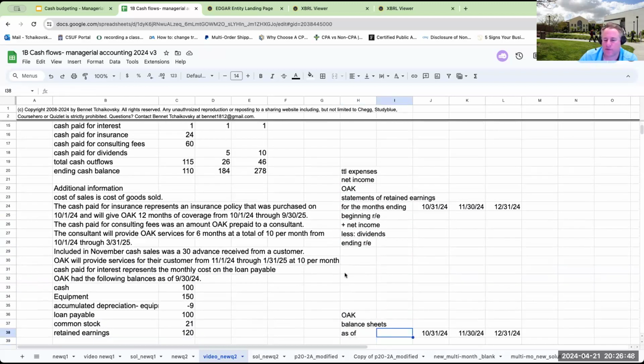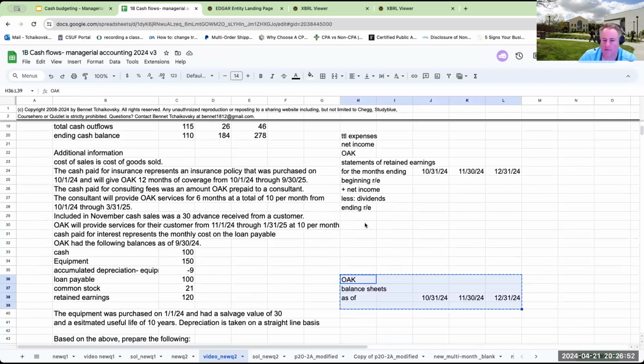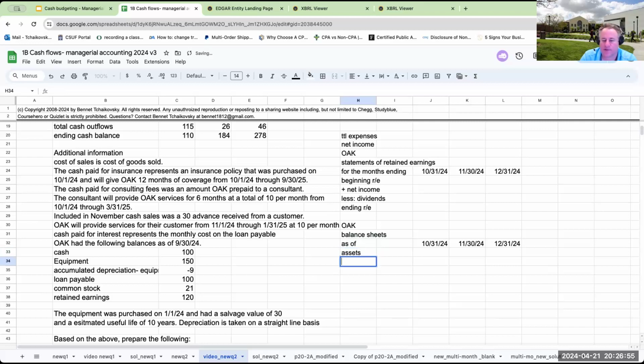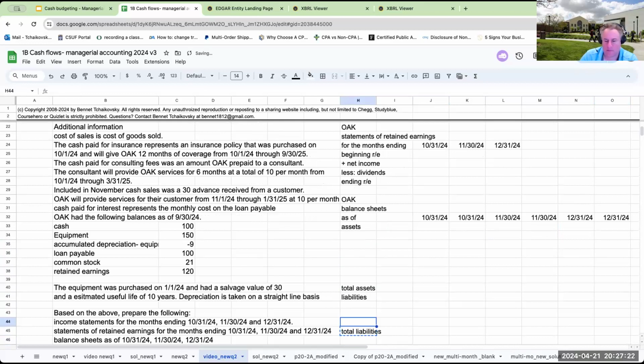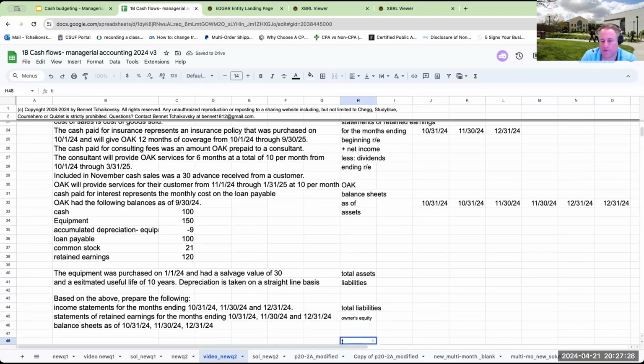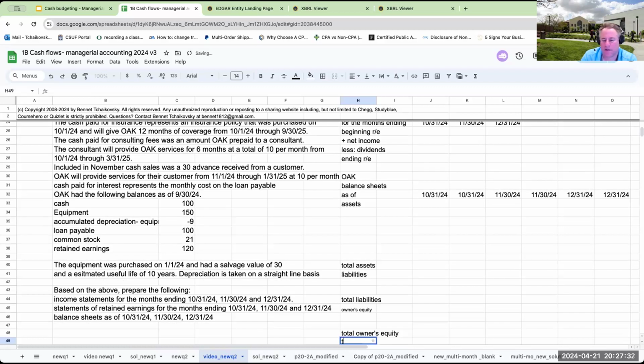For our balance sheets, what this is going to look like is we would have our assets, total assets, liabilities, total liabilities, owner's equity, total owner's equity, and then total liabilities and owner's equity.